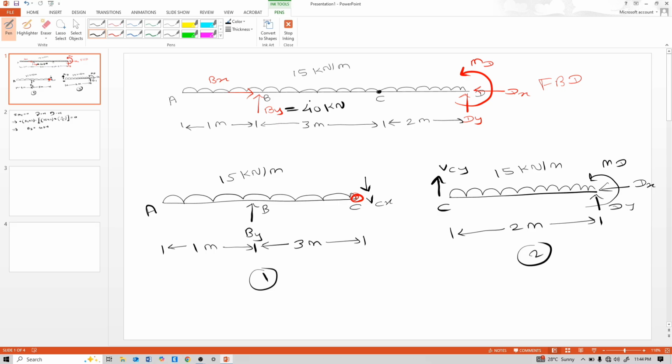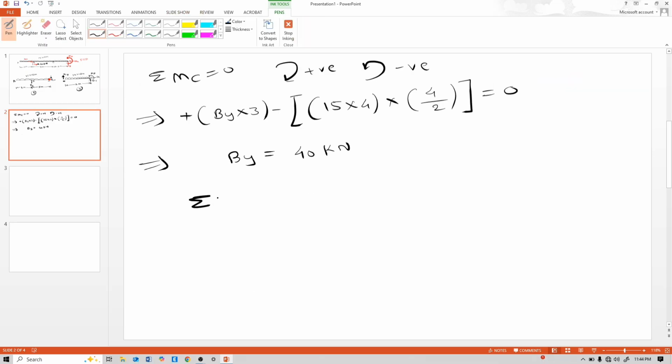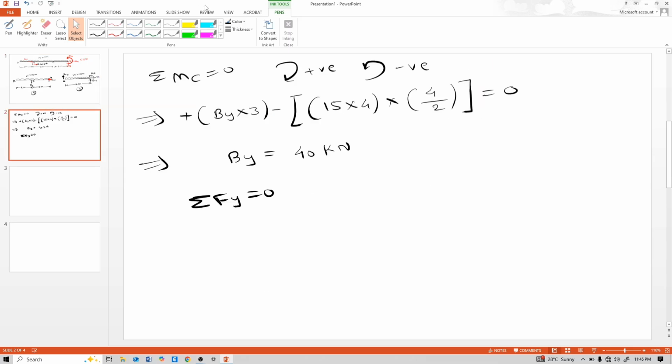Now calculate this Dy reaction also. For that, take summation of forces, all vertical forces equal to 0: positive Dy minus 15 into 6 equal to 0.